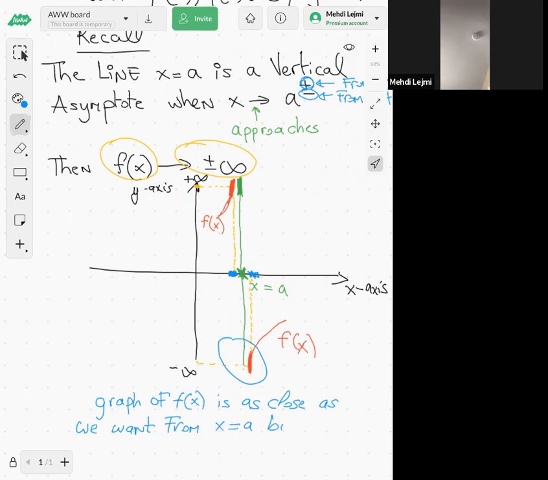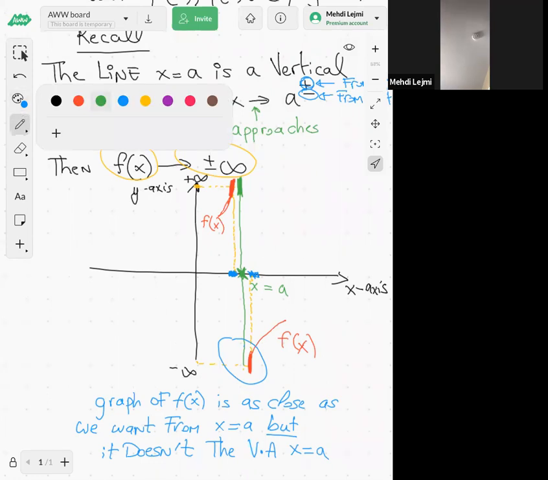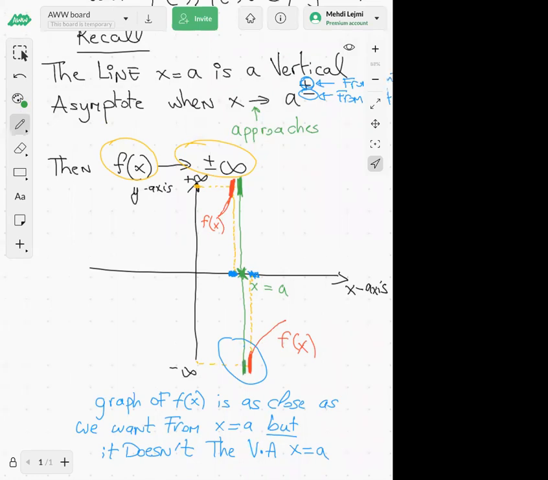But of course, it doesn't touch. This is really, really important. The graph of f of x doesn't touch the vertical line, the vertical asymptote x equal to a. They're going to be very close, but they don't intersect.